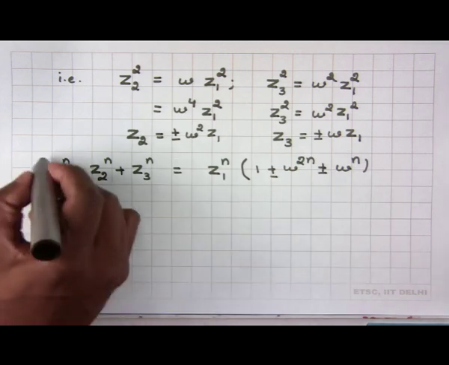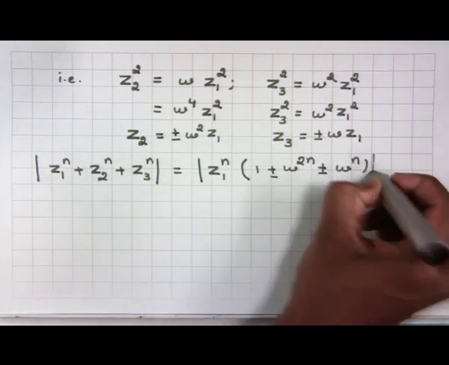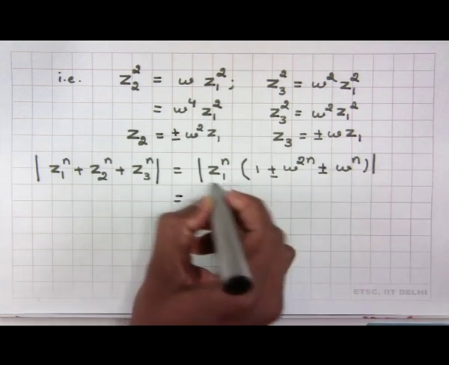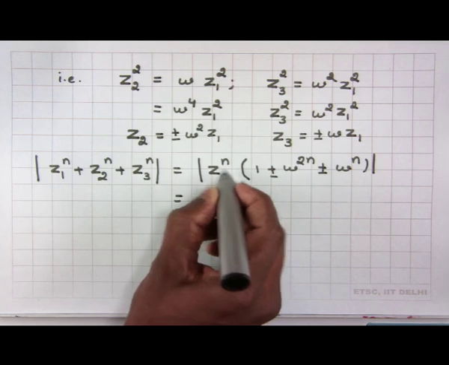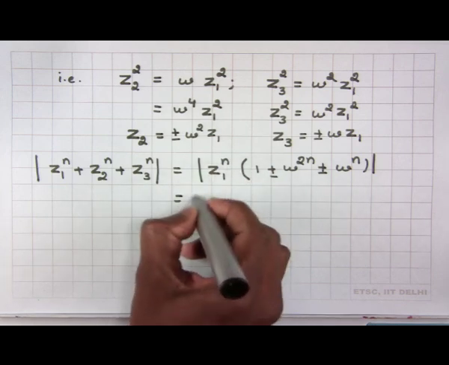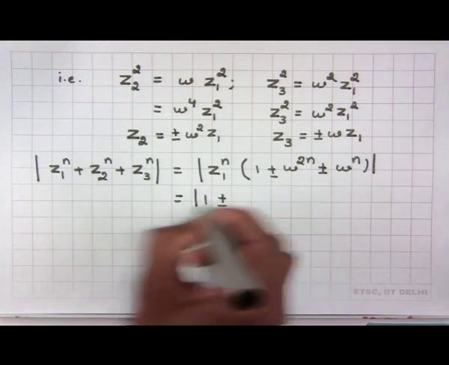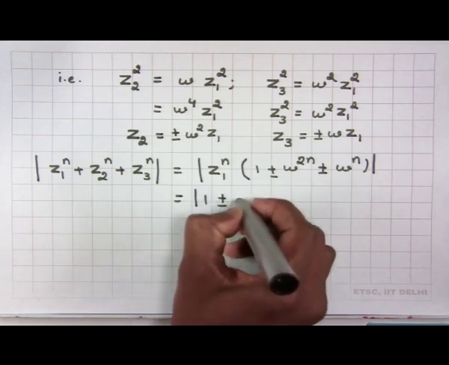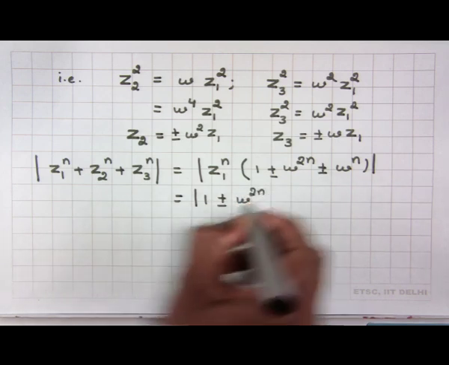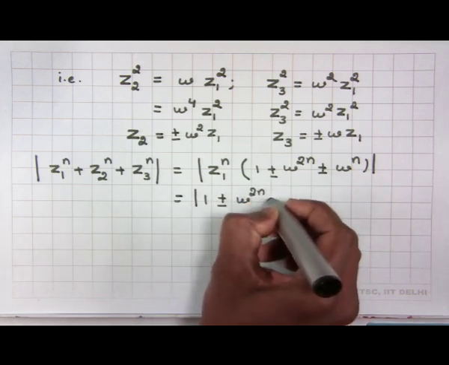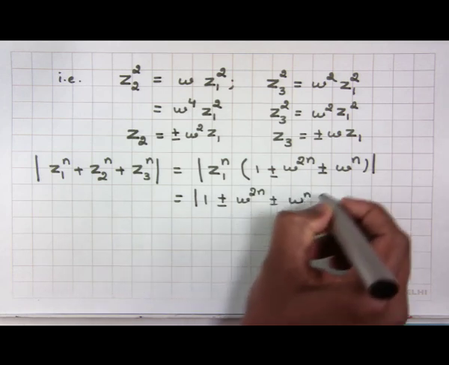Now, we need to calculate its magnitude. Since modulus of Z1 is 1, modulus of Z1 power n is 1. So we just calculate the magnitude of the complex number 1 plus or minus omega power 2n plus or minus omega power n.